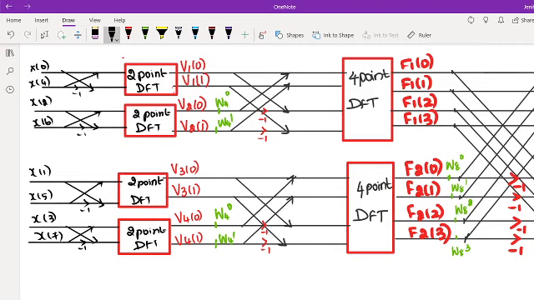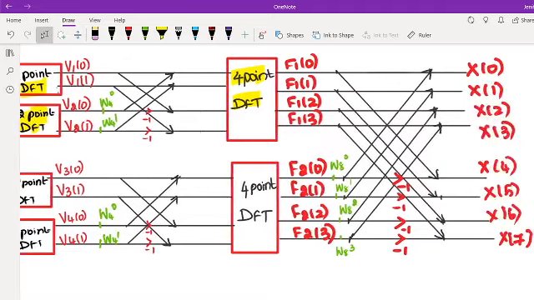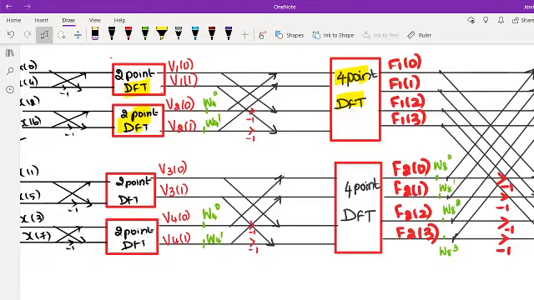So for the radix 2 algorithm, we have 2-point sequences. The 2-point sequences give you 2-point DFTs. Then these 2-point DFTs are combined together to give you 4-point DFTs, and 4-point DFTs are combined together to give us the 8-point DFT.